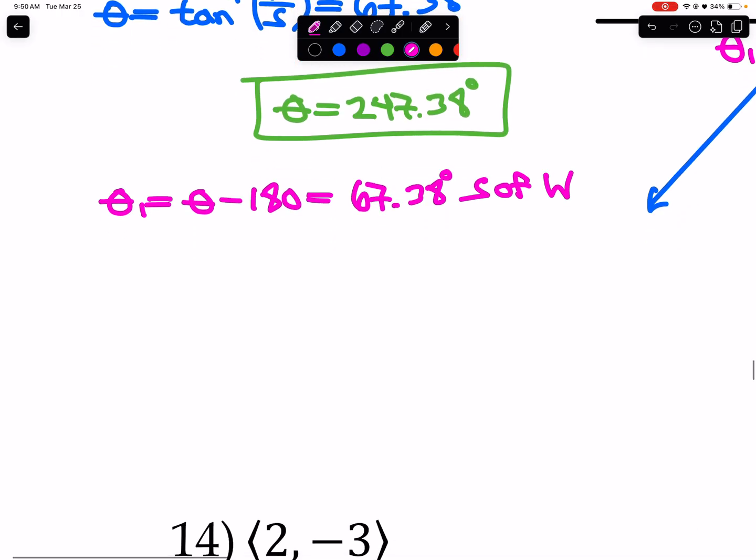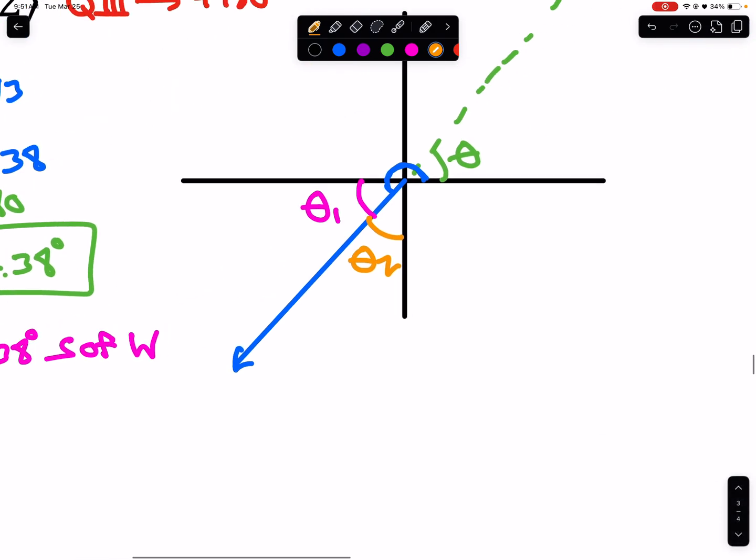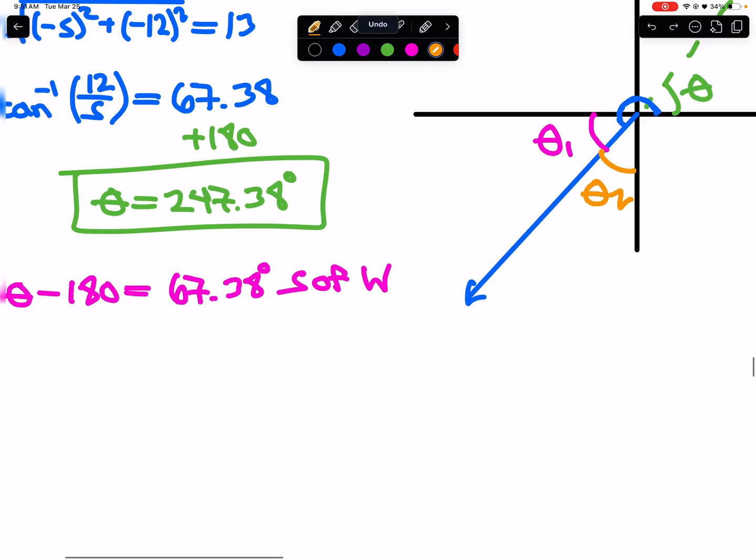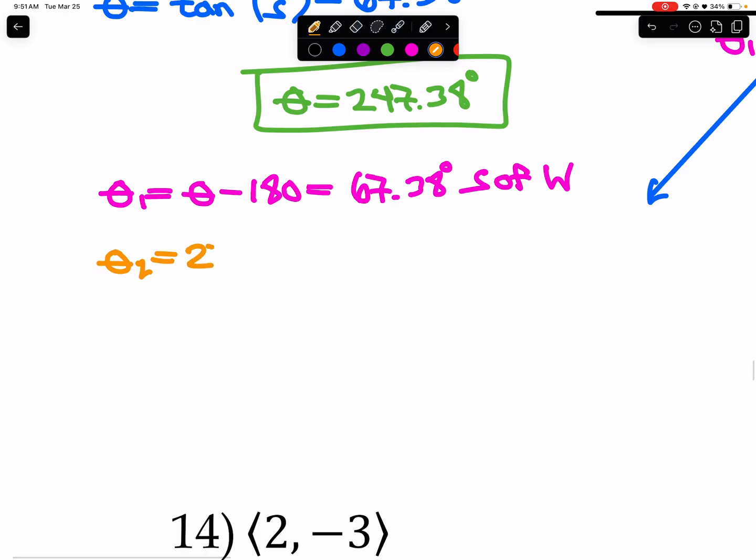But then if I want to find angle, or theta 2, what this means is I need to actually do all 3 of these quadrants, which is going to be 270, and then I'm going to subtract the standard position angle. So I'm going to do 270 minus the standard position, which is going to be your theta.